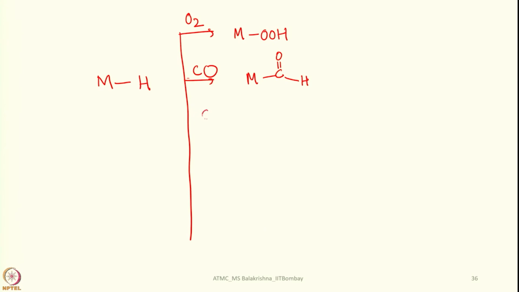Then what would happen if I take CH2NH2? In this case one can get MCH3 bond, and then ammonia NH3 can come out, and probably it may bind if a vacant position is there on the metal center.